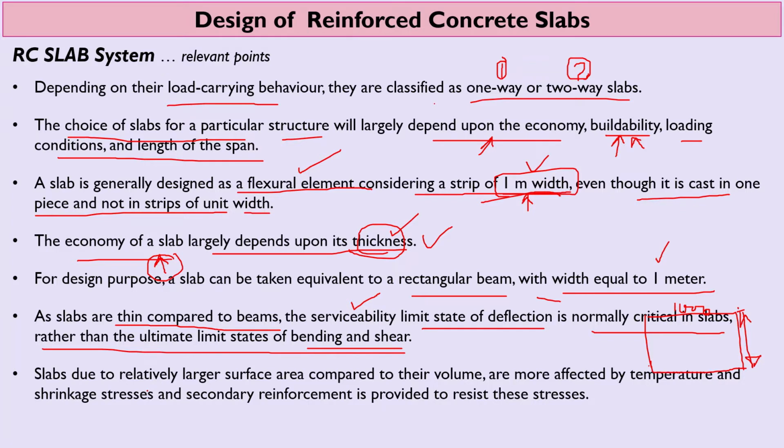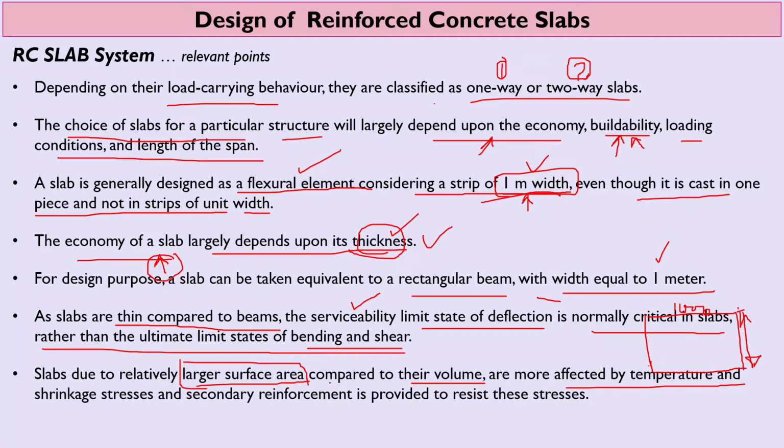Now slabs, due to their relatively larger surface area compared to their volume, are more affected by temperature, because the effect of temperature is directly influenced by how much surface area is exposed to the weather conditions. In the case of a slab, whatever the volume, the surface area will be comparatively higher.